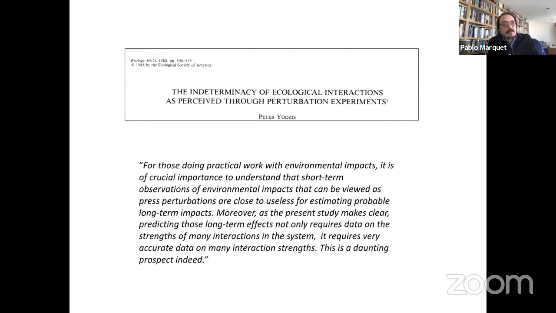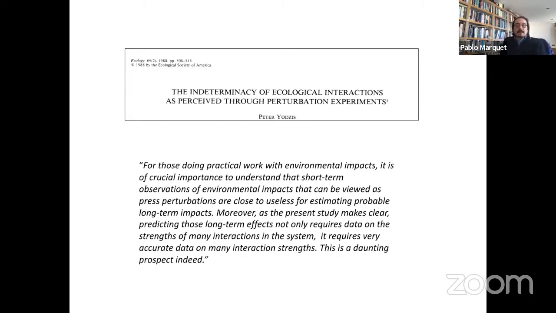So he's saying, if you want to understand what is going to happen when you keep pressing the system, you will not be able to, because it's going to take a long transient, and there's going to be indeterminacy, because causality is going to propagate through the system in different ways that you are not going to be able to reconstruct. And he continues, moreover, as the present study makes clear, predicting those long-term effects not only requires data on the strength of many interactions in the system, it requires very accurate data on many interaction strengths. This is a daunting prospect indeed.